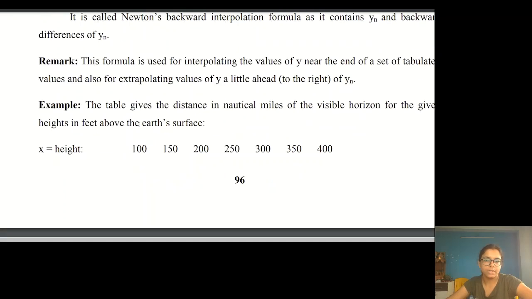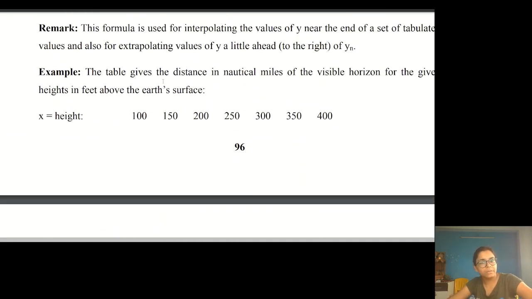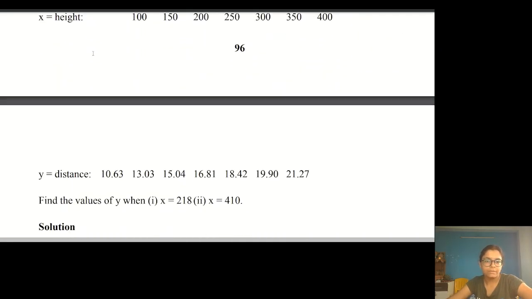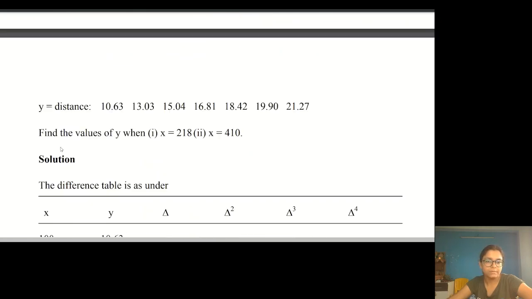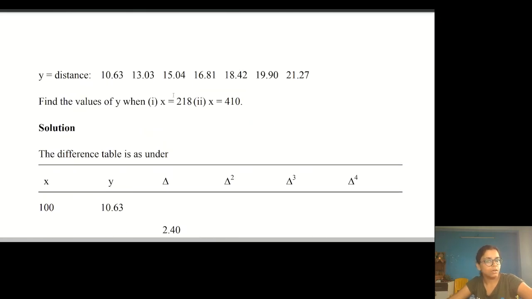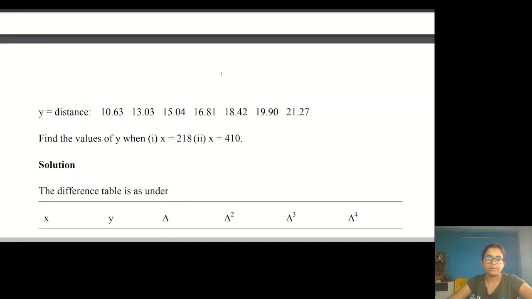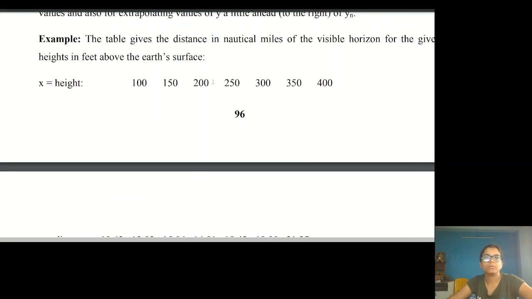There is this table example where we have taken some values of x and y, and we have to find the value at x equals 218 and x equals 410. Now x equals 218 is between 200 and 250.